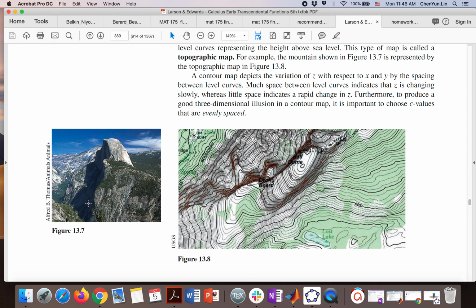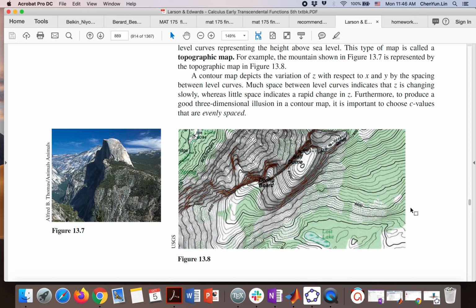If I only get to choose a map between these two when I enter the mountain, I would definitely use the one on the right, because it tells me way more information as opposed to the one on the left. So this is one way you can use level curves to tell you extra information.